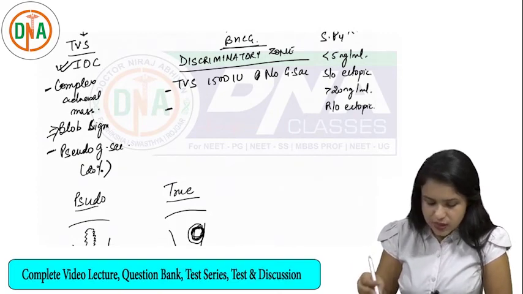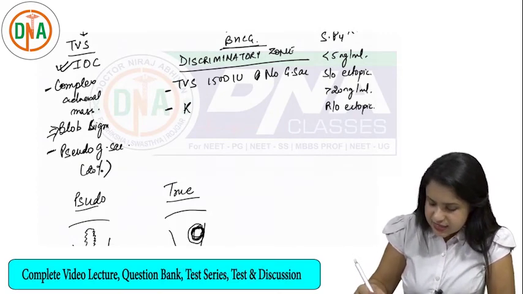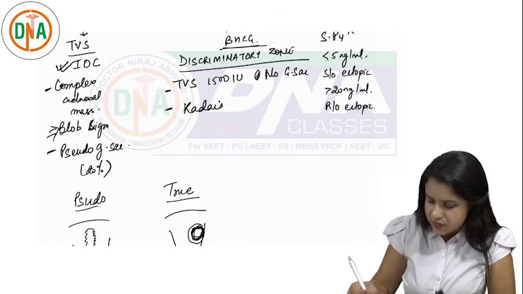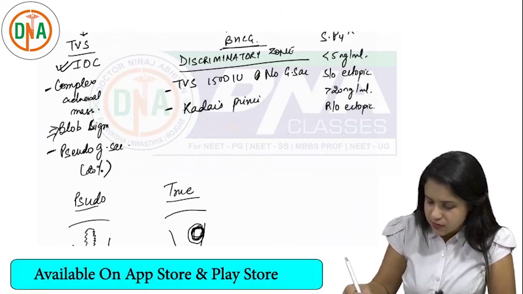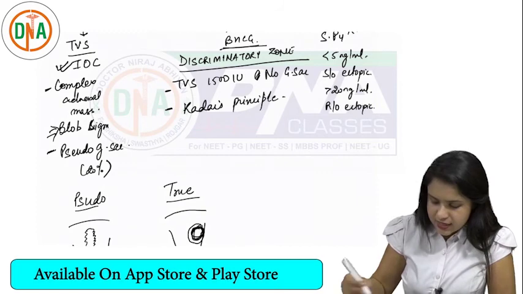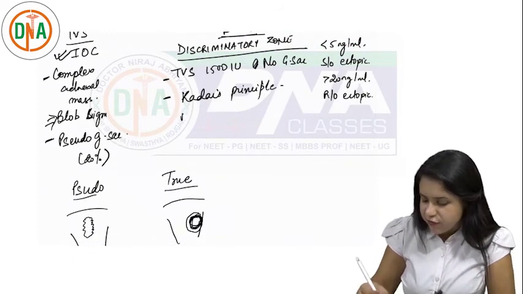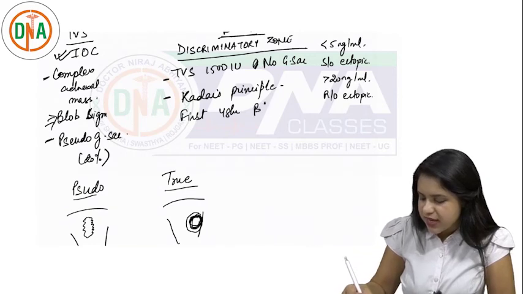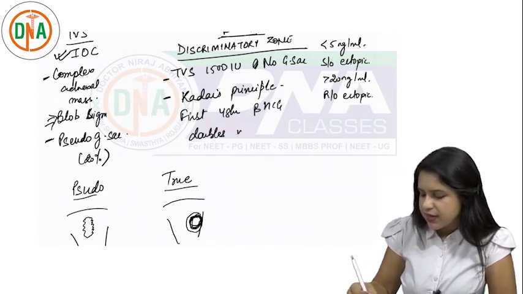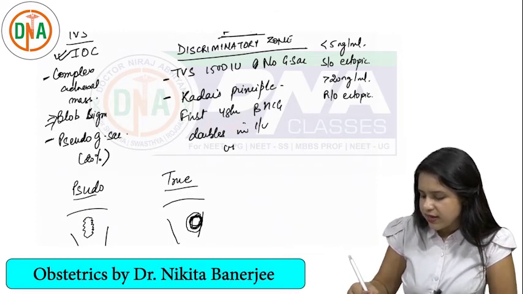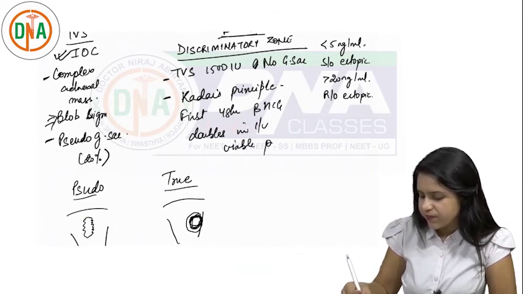So this is one thing, and the second is Kadar's principle. According to this, in the first 48 hours, beta HCG should double in an intrauterine viable pregnancy.